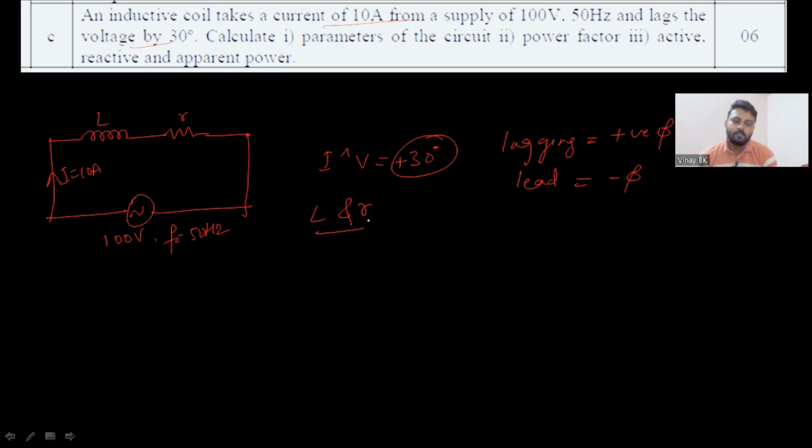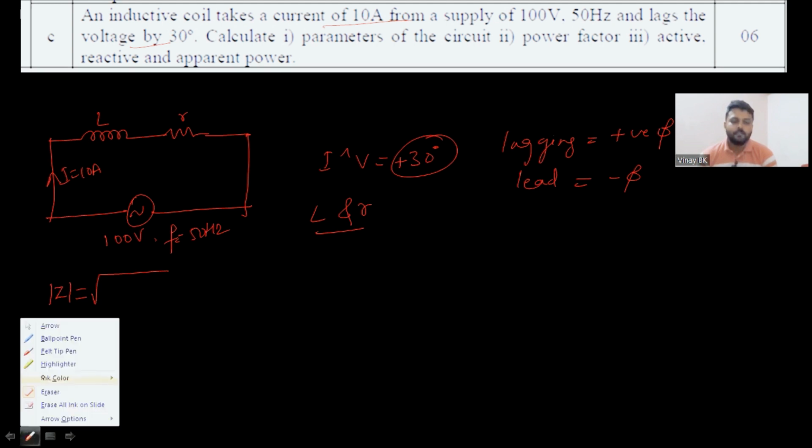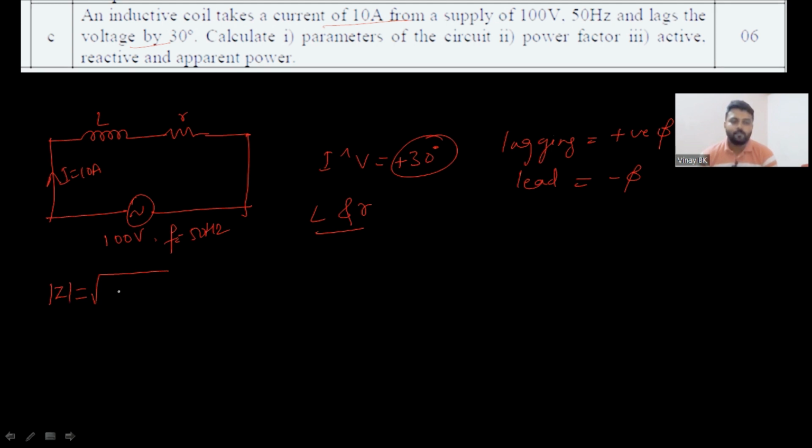To find L, they have given some hints. V is given, I is given. So how will we write Z here? The magnitude of Z is given by the square root of R square plus XL square. But to get this Z, we don't know the values of R and XL.